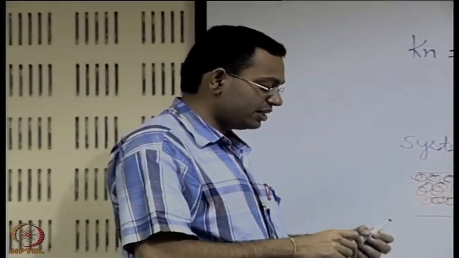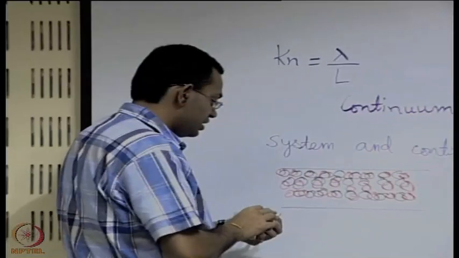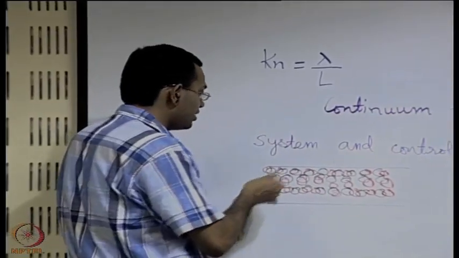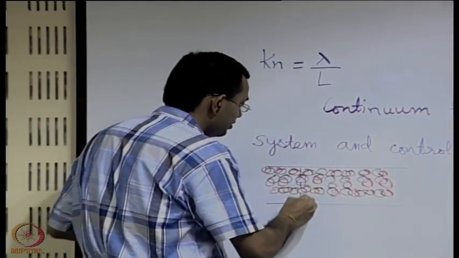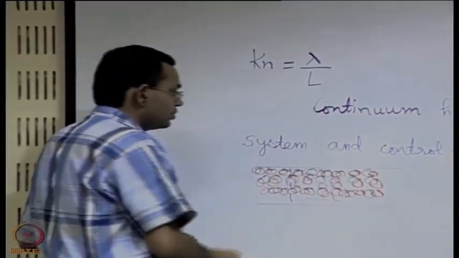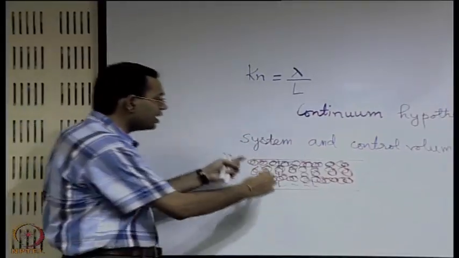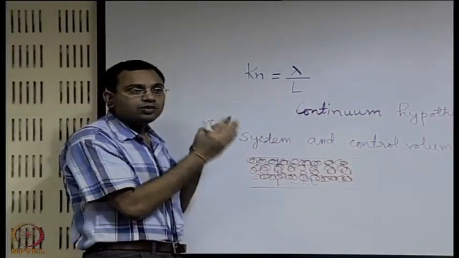So, what we do instead is focus our attention on a fixed region in space. Let us say that we have focused attention on this identified region, as if we are sitting with a camera, focusing the camera on this zone. What are we observing?